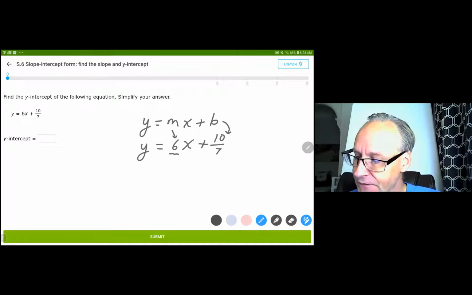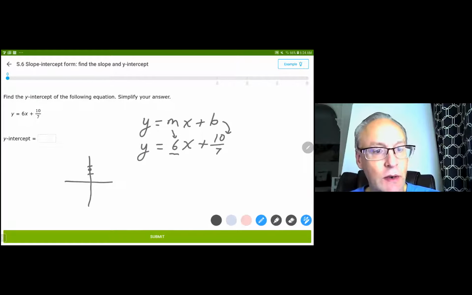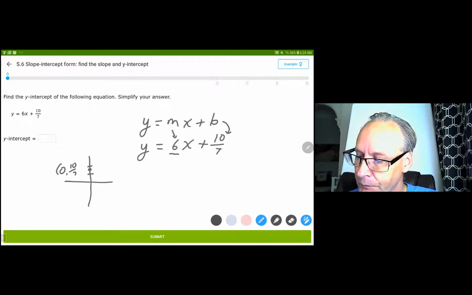If I were to graph this, 10 over 7 is 1 and 3/7. So it's between 1 and 2. So the point at which this equation touches the y-axis or goes through the y-axis is at the point 0, 10 over 7. This is the y-intercept.